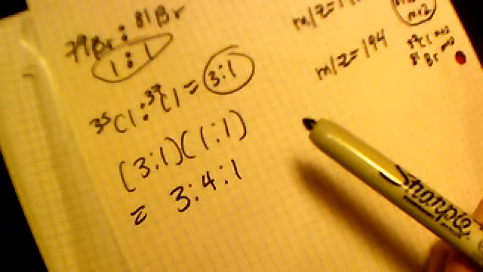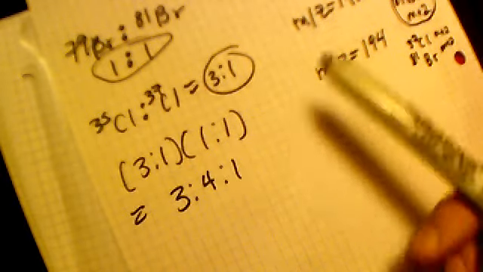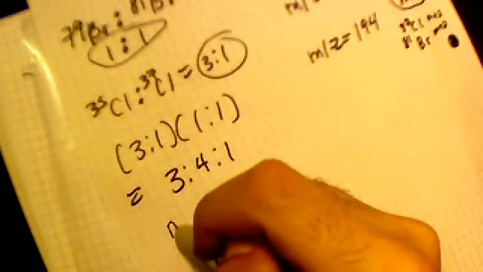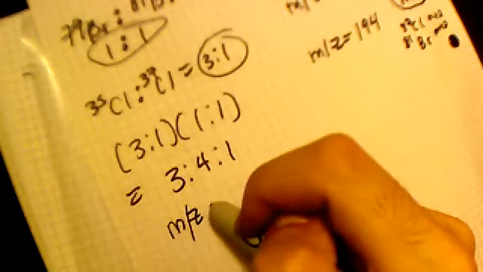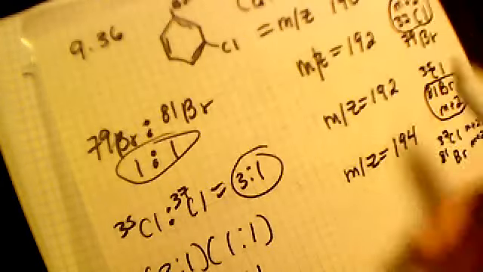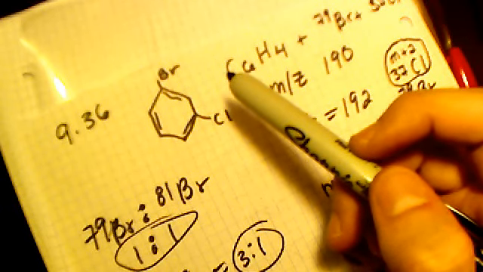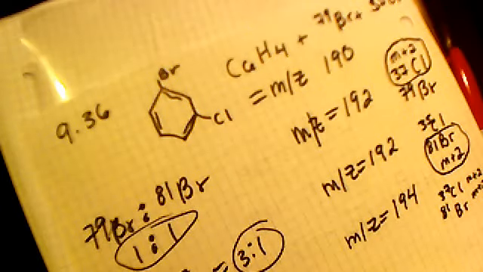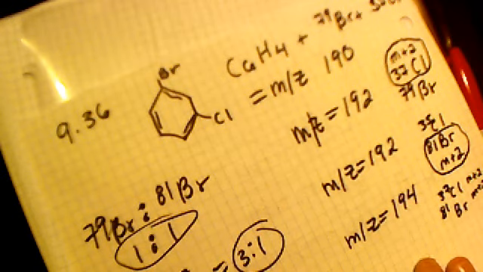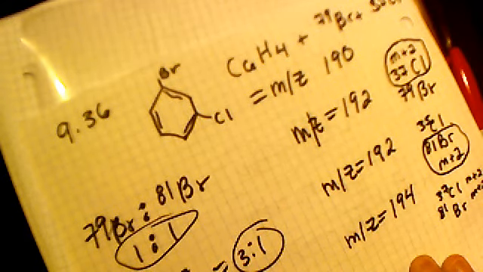So they said the ratio of the peaks will be, so we have M/Z equals 190, which is this molecule with the two lighter isotopes of chlorine 35 and bromine 79.